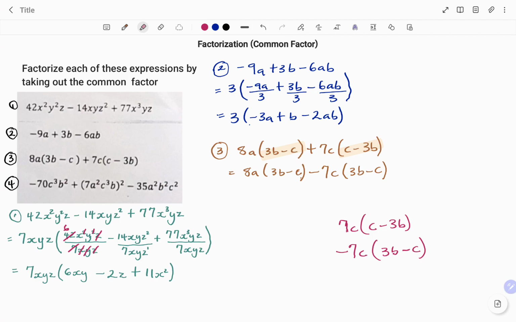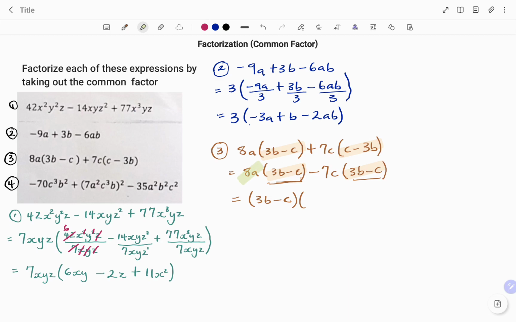Now you see that we have the same content in the bracket, which means a common factor now is 3b - c on my left and 3b - c on my right. So that's what I'm going to factor first. That's 3b - c. I open my bracket.